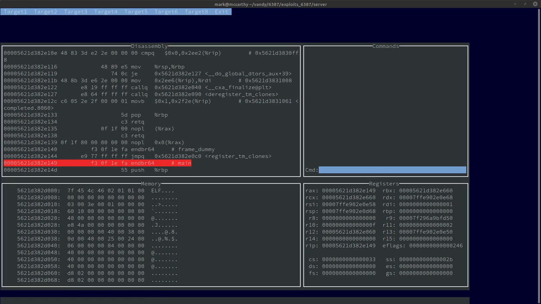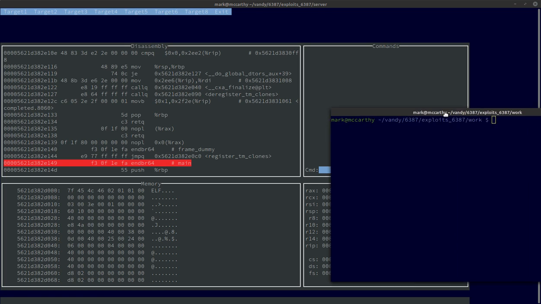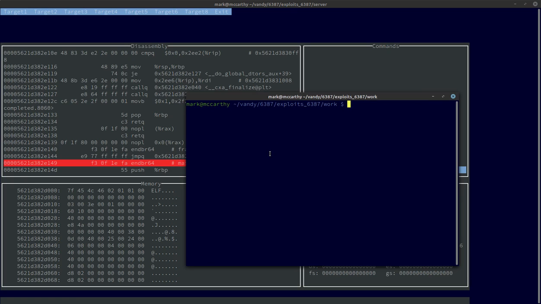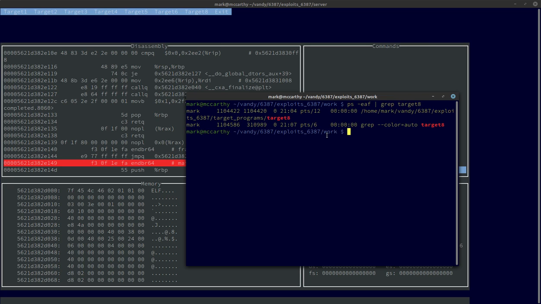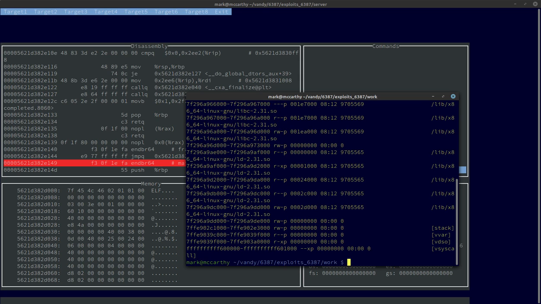Problem number two is that I was careful enough. Let me bring over a shell here. We're running target 8, and that is process number 1104422. If I look at /proc/1104422/maps, this is the memory map of the program.